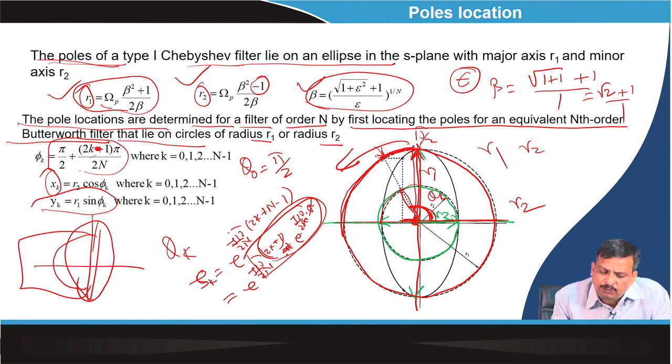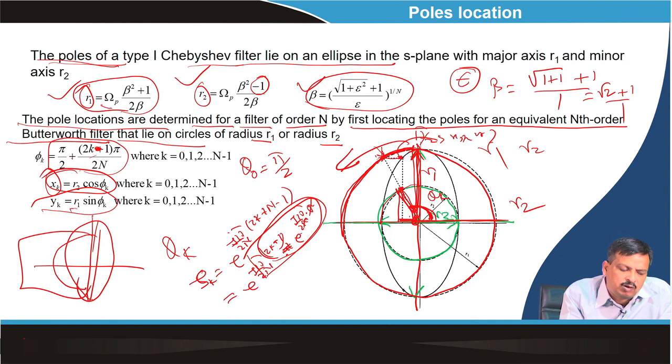So, this portion up to here is nothing but x, is nothing but R2 cos phi k. So, this is the radius, R2 cos phi k is the xk. Then what is yk in this axis? In the ellipse, this point is xk, yk. So, this is nothing but R1 sin phi k.